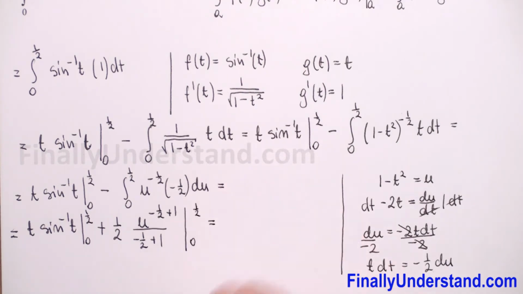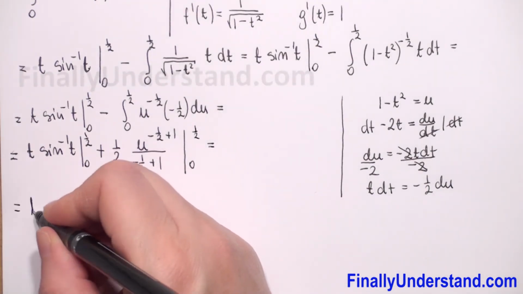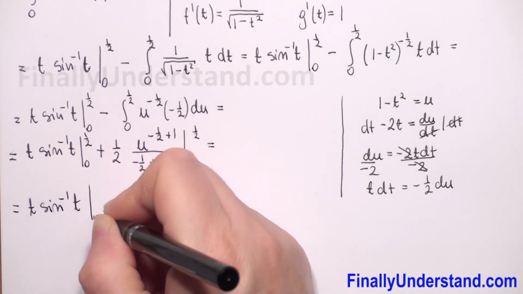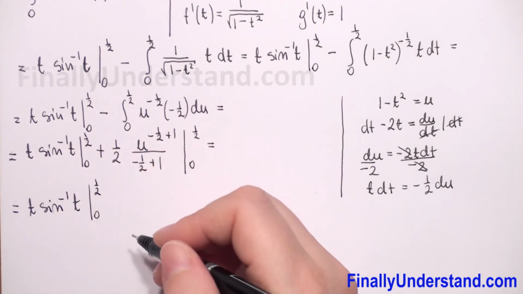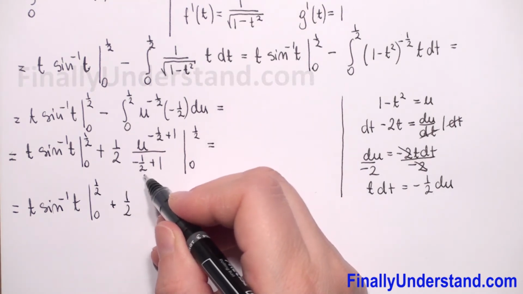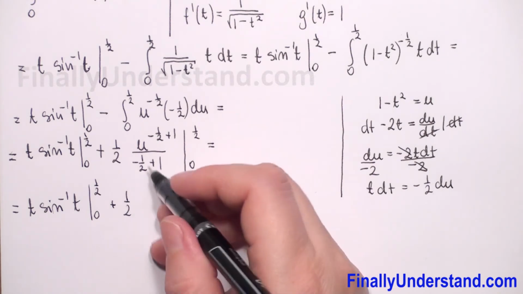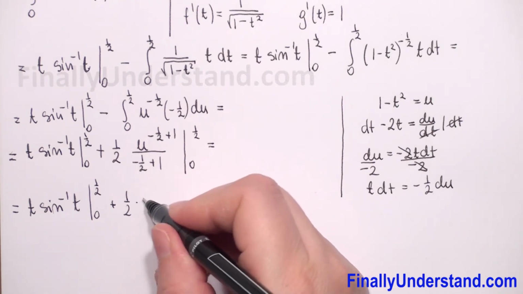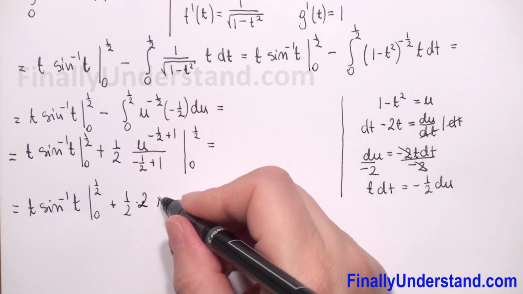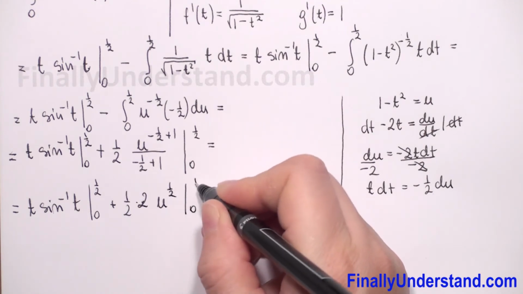So this is equal to, we copy the first expression, and we have plus 1/2. Negative 1/2 plus 1 is 1/2. So we flip this fraction, so it will be times 2 over 1, so I can put 2 times 2, and u to the power 1/2, limits from 0 to 1/2.